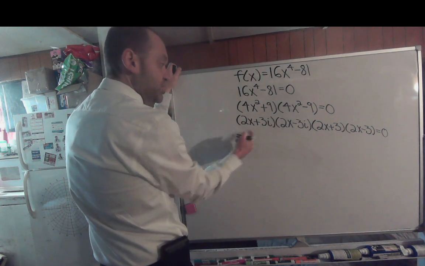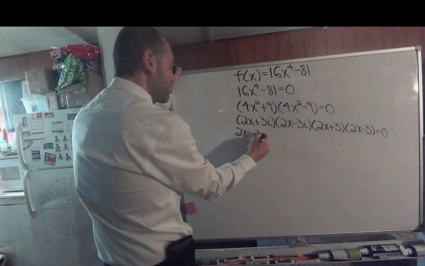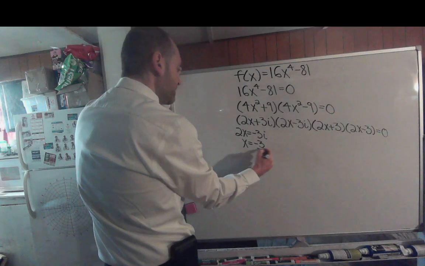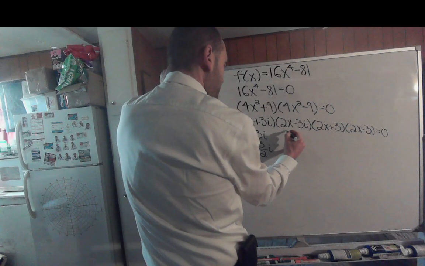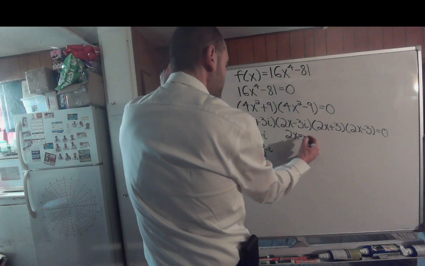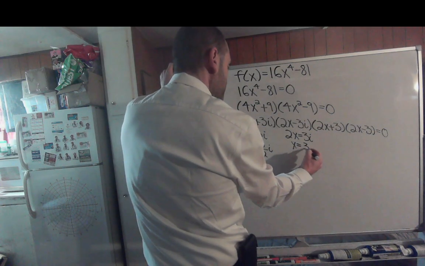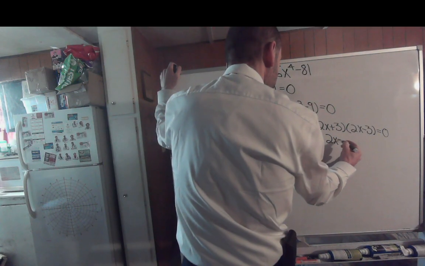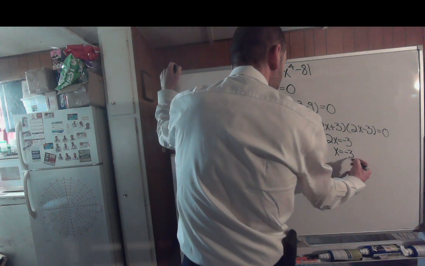So if you set each of these equal to 0, 2x plus 3i equal to 0 would give you 2x equals negative 3i, which would give you x equals negative 3 halves i. 2x minus 3i equal to 0 would give you 2x equals positive 3i, so x would equal positive 3 halves i. 2x plus 3 equals 0, you get 2x equals negative 3, so x would equal negative 3 halves.